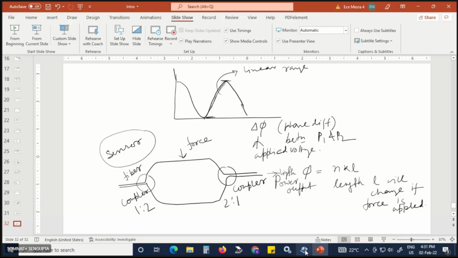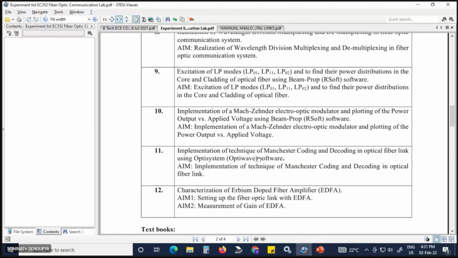Then another software will be dealt with, that is OptiSystem, for Manchester coding.